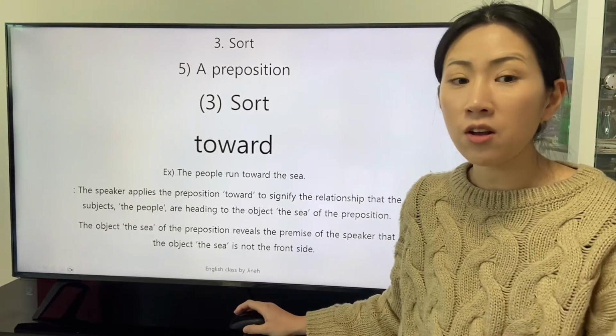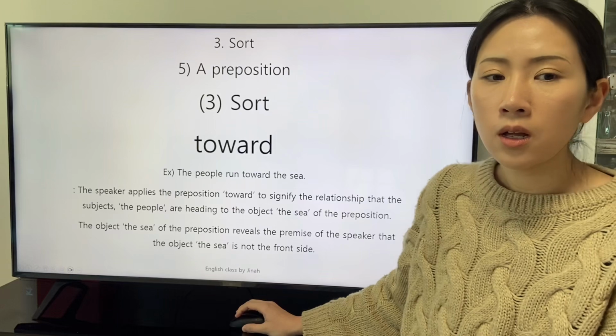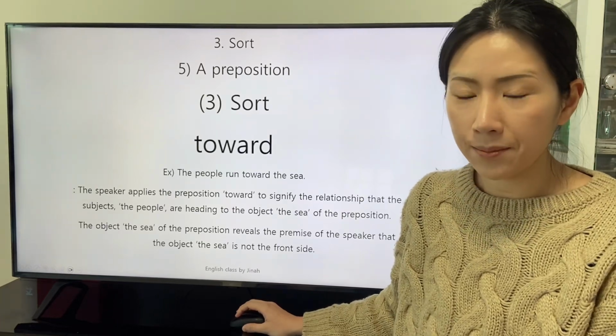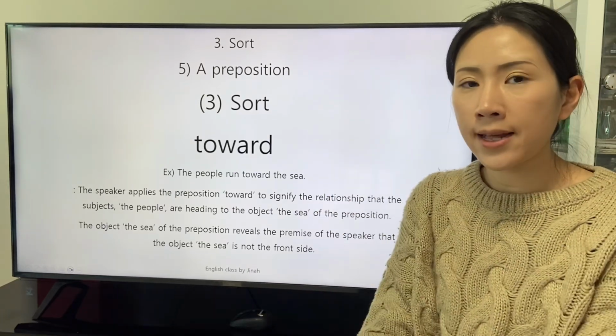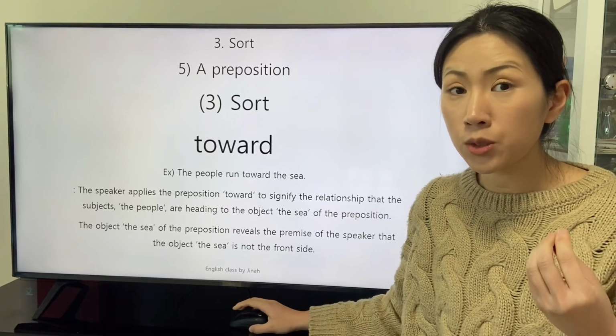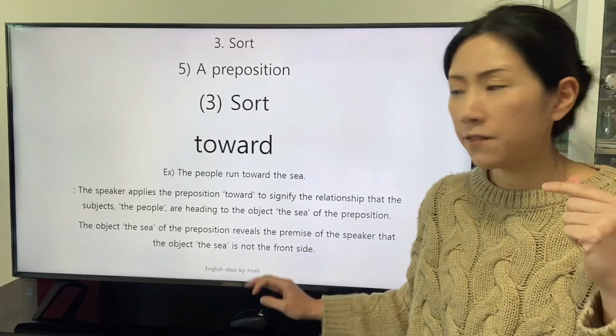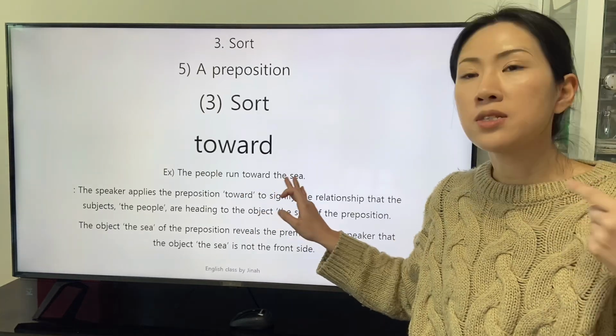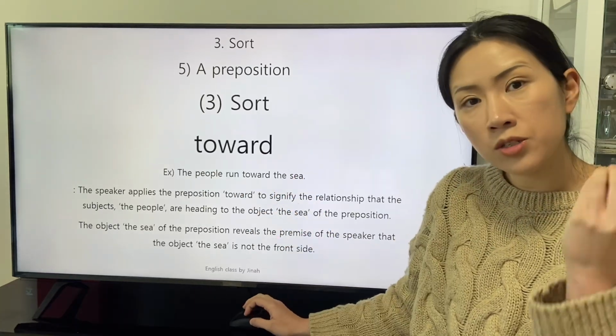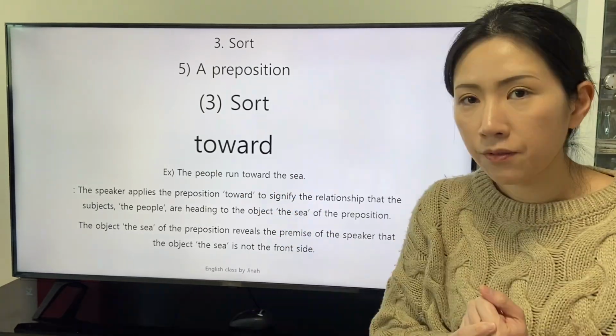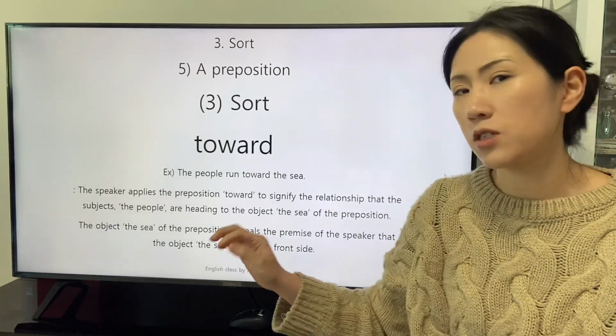There is a clause: the people run toward the sea. With the fact that the preposition toward is applied in this clause, the object of the preposition, the sea, is not considered as the front side from the premise of the speaker.